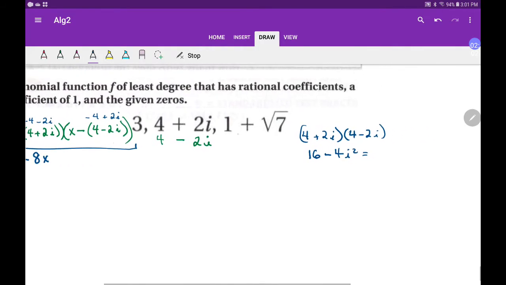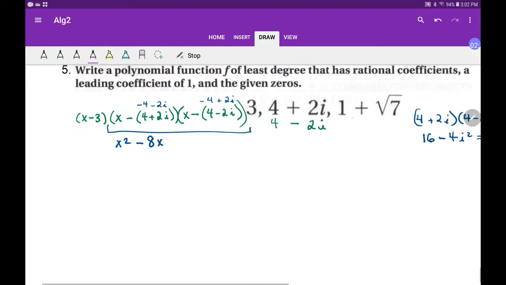I squared is another way of saying negative 1, so I'm going to say 16 minus 4 times a negative 1. Well, that's going to be plus 4, so it's going to be 20, so I'm going to say plus 20. Okay, so that's what happens with all of that.